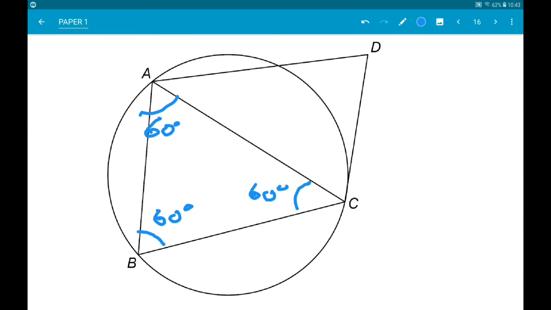So in an equilateral triangle, each angle is 60 degrees. Now we know that, again, from the alternate segment theorem, this angle is also 60 degrees. And again, if we extend the bottom line, then that angle is also 60 degrees.